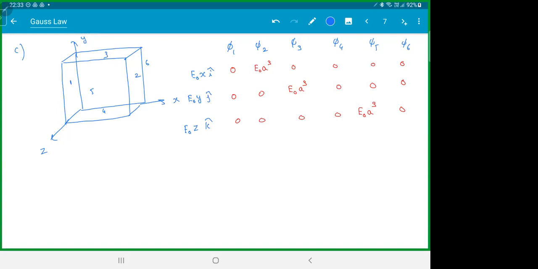Turning the page. Again, I'm just teaching you one formula, integral E dot dA. Next one. Next one is a good one. Listen to this carefully. Let's see how many of you can answer.